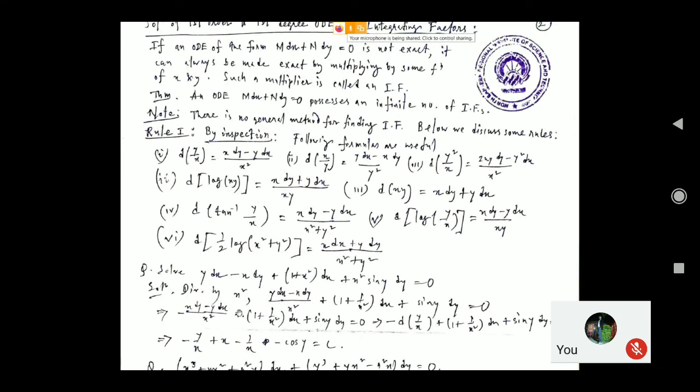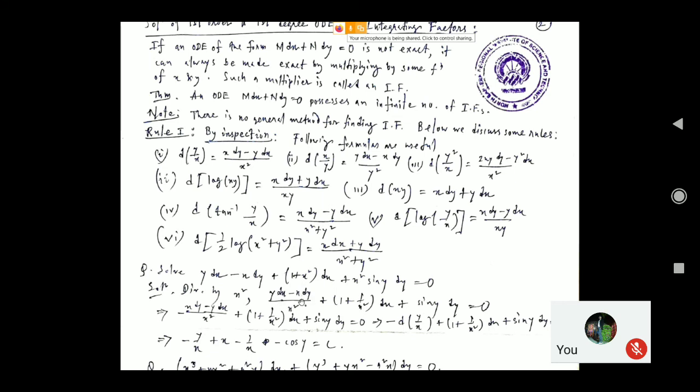So we get this expression divided by x square, plus (1 plus x square) divided by x square dx, and here x square got cancelled out in the sin y dy term. Now you can see this one is directly integrable because only x is present. This one is also directly integrable because only y is present and we are integrating with respect to y. These two do not pose any problem to us. Only this one.